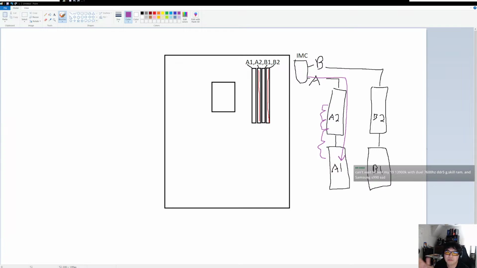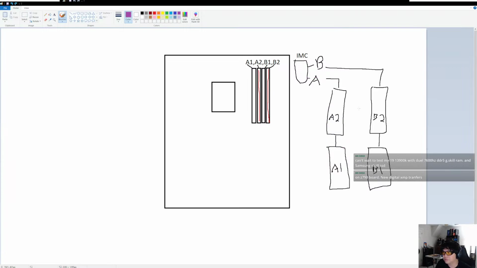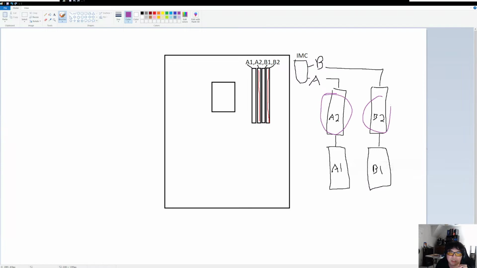So why A2 and B2 are the ones that you plug the RAM into, because of the signaling. Z790 do digital XMP transfers. Yeah. So that will work provided that the memory is plugged into A2 and B2, and then A1 and B1 are left empty.